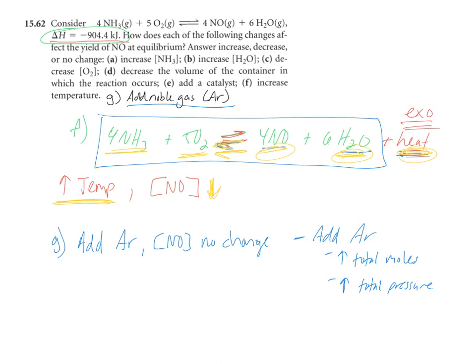Now, we have to think about some things from back in chapter 10, when we were talking about gases. What doesn't change? My moles of reactants and products do not change. Just because you add another substance in doesn't actually change the other already existing reactants and products there.